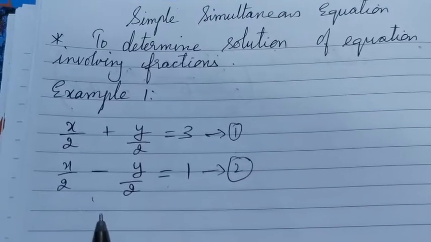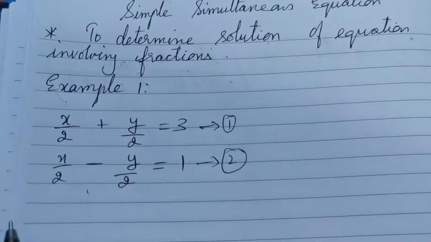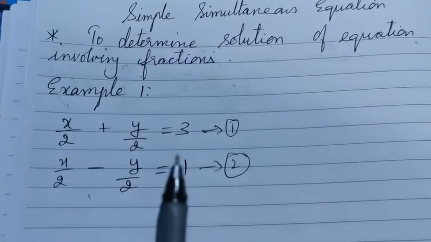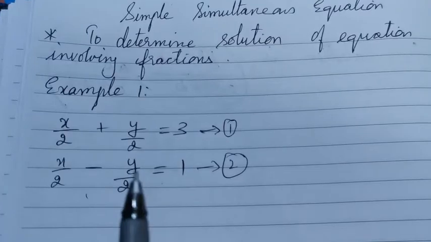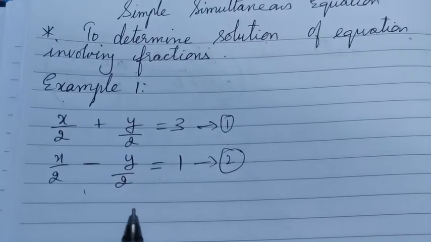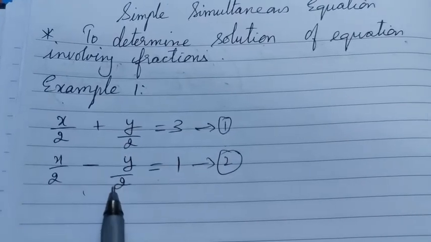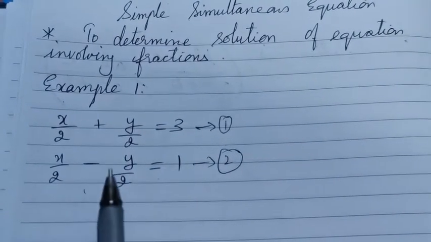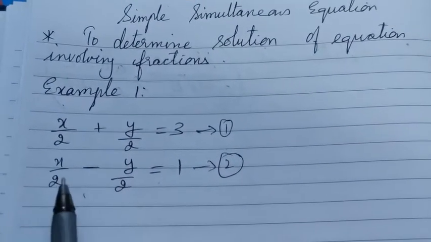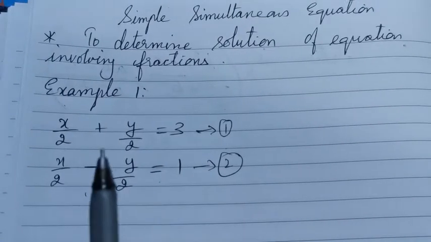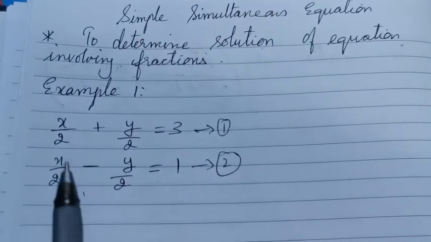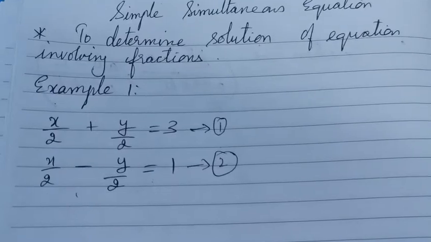In case your question does not mention any particular method, certain questions will say solve this set of equations using the method of substitution or the method of elimination. If it is not mentioned, it is up to you to follow your method as per your convenience.